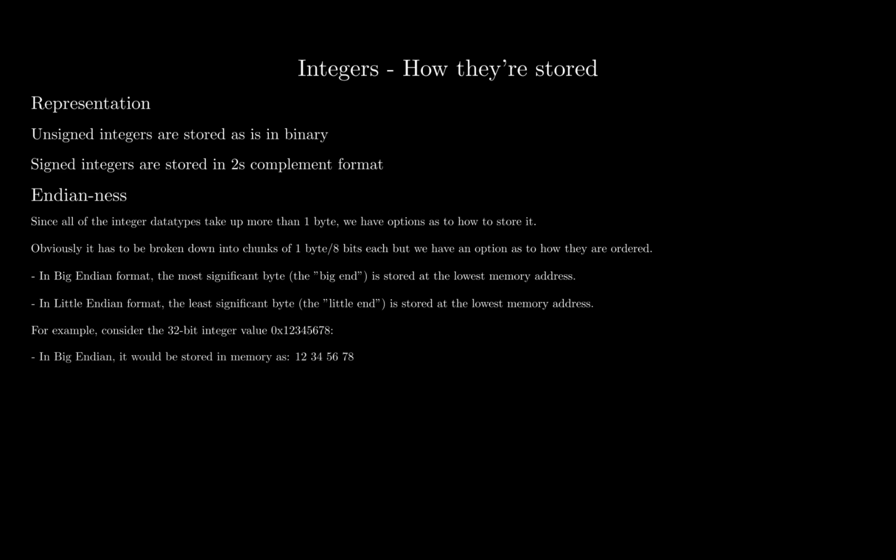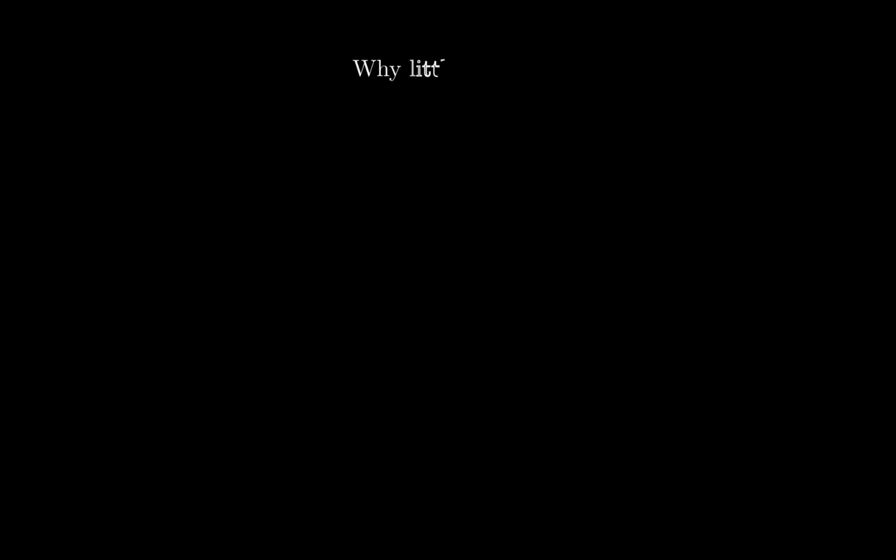So each byte is going to be in order. So 1, 2, 3, 4, 5, 6, 7, 8. In little endian, it will be the opposite. 7, 8, 5, 6, 3, 4, 1, 2. Right? So most modern systems use the little endian format, but why? Why do modern systems use little endian?